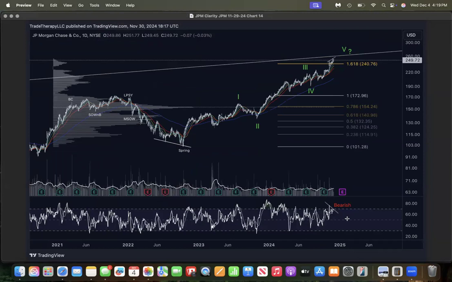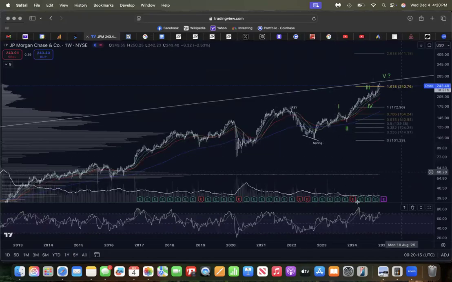So if you are in an area of the chart that you think you see wave five completing, which we are at the golden fib level here at the 1618 from the post-COVID corrective period. Here we see a Wyckoff spring set, and we think that we are completing this wave five for JP Morgan Chase.